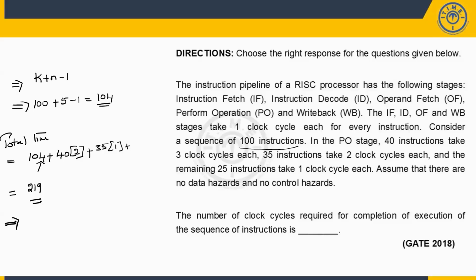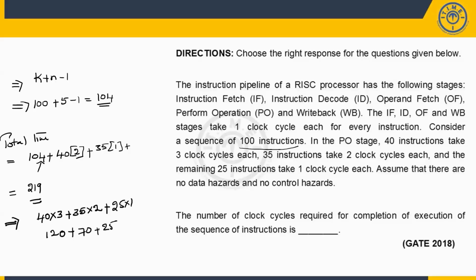Initially, 40 instructions take 3 clock cycles. 40 into 3 plus 35 into 2 plus 25 into 1. 40 into 3 is equal to 120 plus 70, 190 plus 25, which is equal to 215.